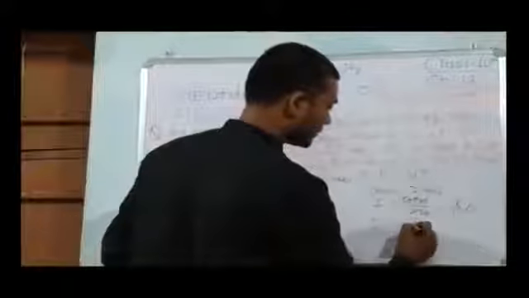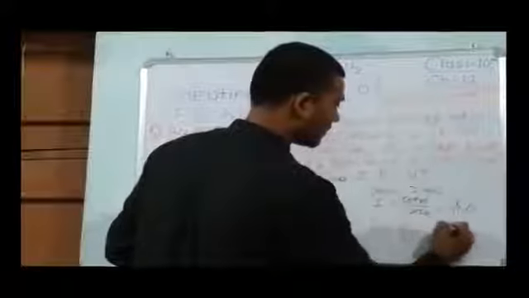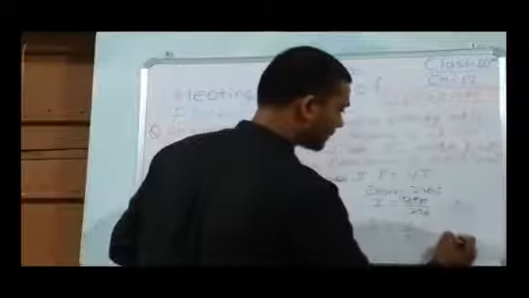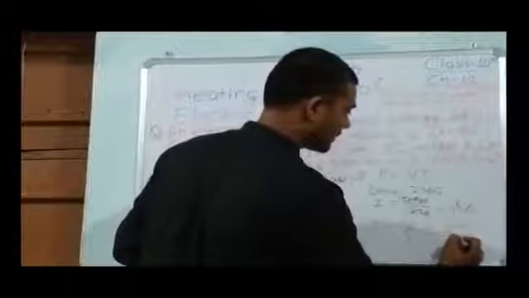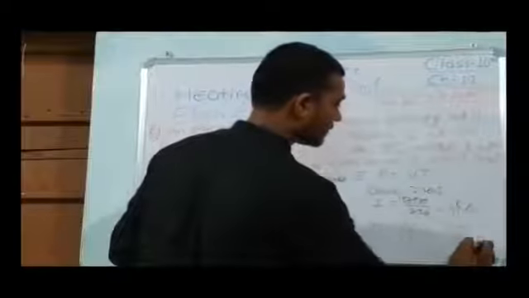And here also R is equal to V upon I, with V 220 and current 18 upon 11 ampere. We get the value of resistance. So this is how we get the solution of this numerical. Here we use only one formula, which is P is equal to V into I.